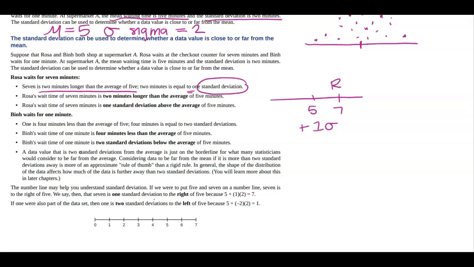If I look at Bean's wait time, she's 4 minutes less than the average of 5. So here would be 1 standard deviation below at 3, and then 2 standard deviations below at 1. So her 1 minute is 2 standard deviations below the mean. Therefore, her time here is more rare than Rosa's. We can use that as a comparison here.